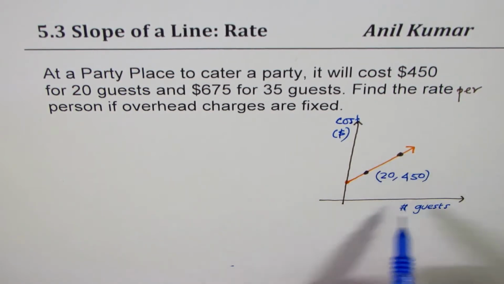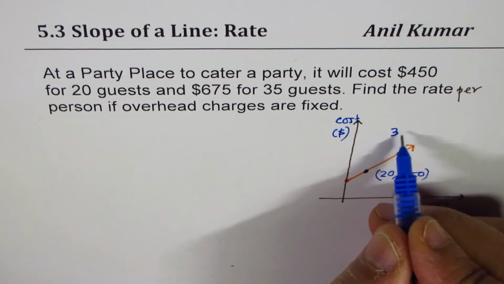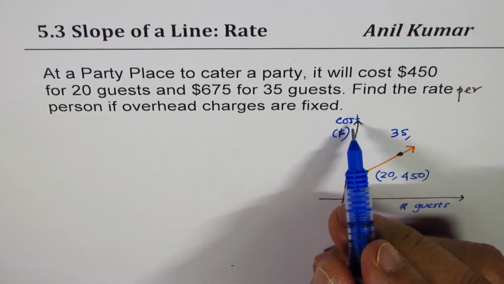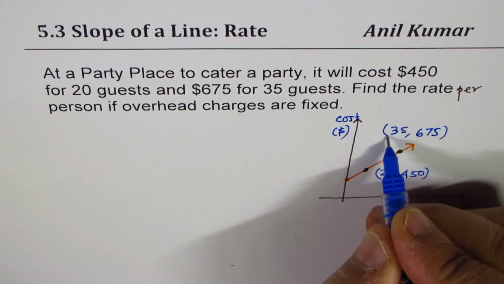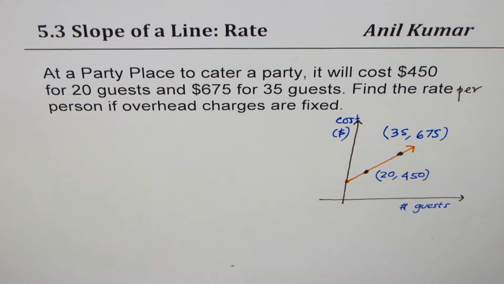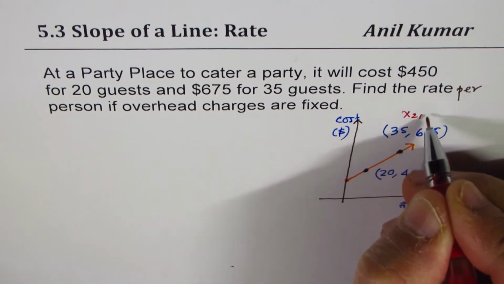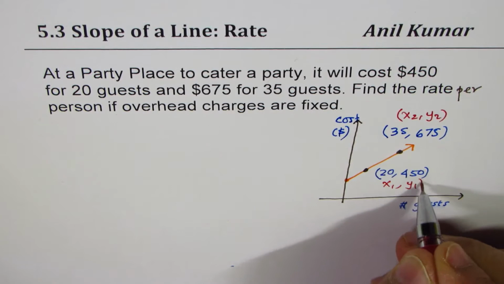For the second, x is 35 and the y coordinate is 675. These are the two coordinate points, which you will term as x1, y1 and x2, y2.